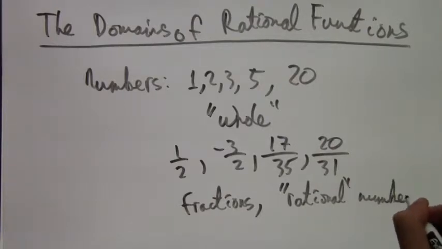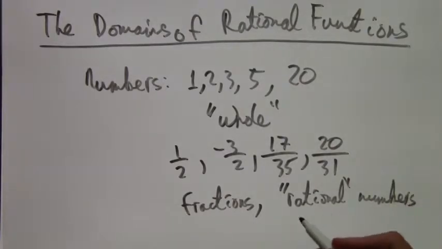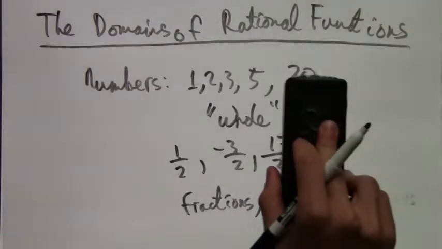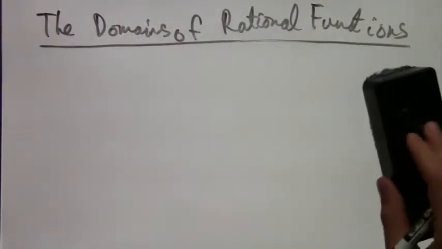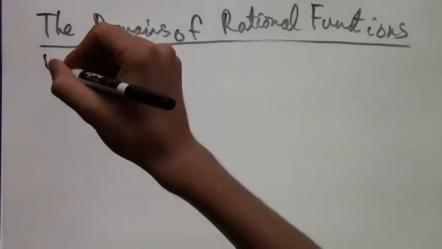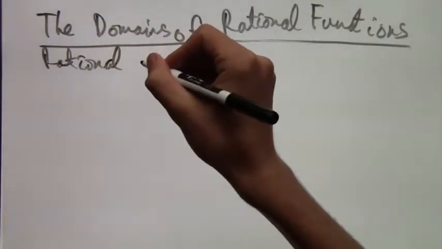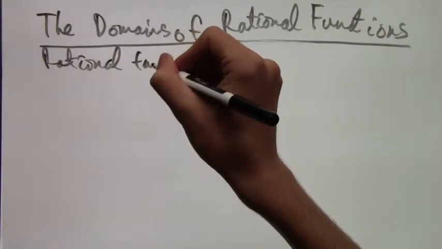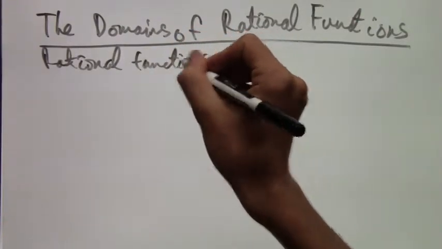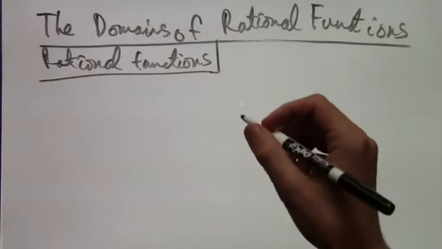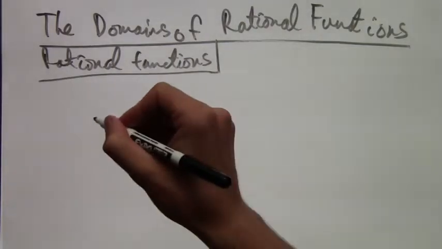So what does the word rational mean when we're talking about functions? Well, it's quite simple actually. If rational numbers are just a whole number over a whole number, then rational functions are just one function over another function. Linear over linear usually.